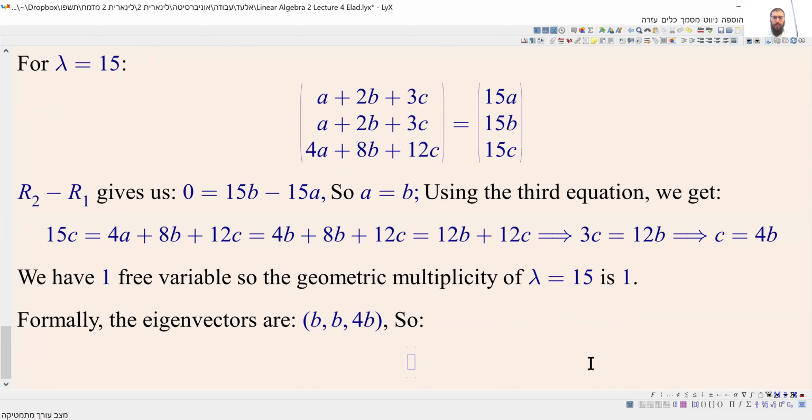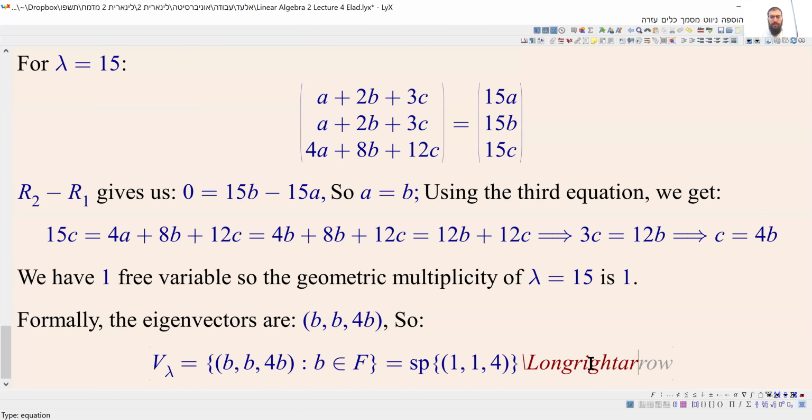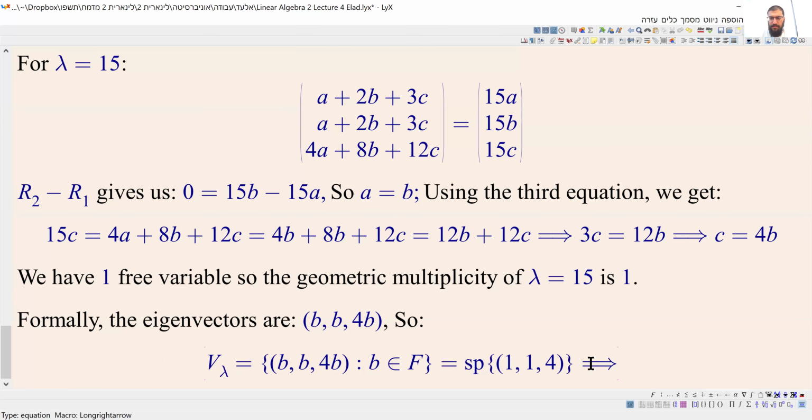So the eigenspace spanned by the eigenvectors is a space of all the vectors B, B, 4B, when B is in our field, which is the span of the vector 1, 1, 4, and the dimension of V lambda is indeed 1.